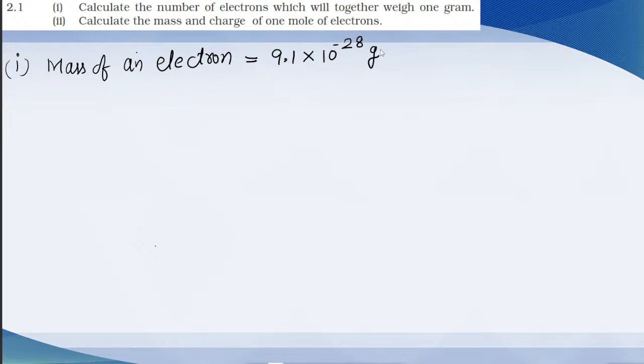Sorry, minus 31 is in kilogram. So in gram it is 9.1 into 10 raised to power minus 28. So this is the mass of one electron.